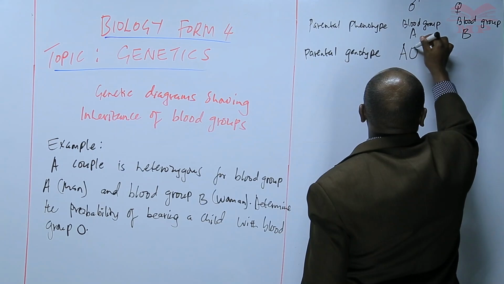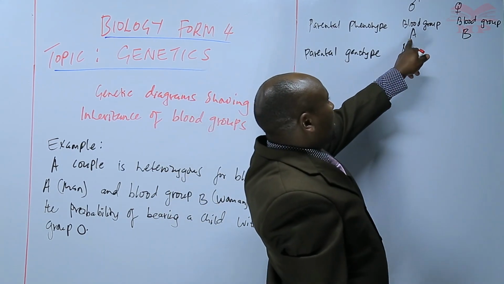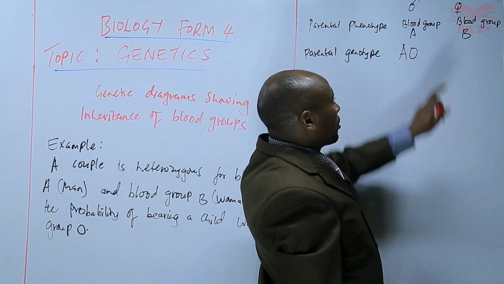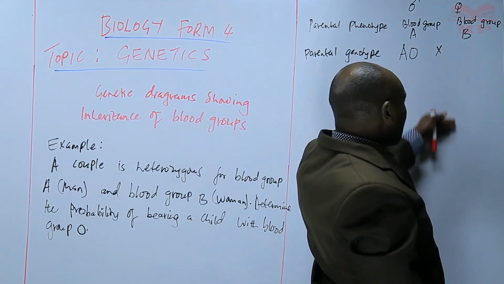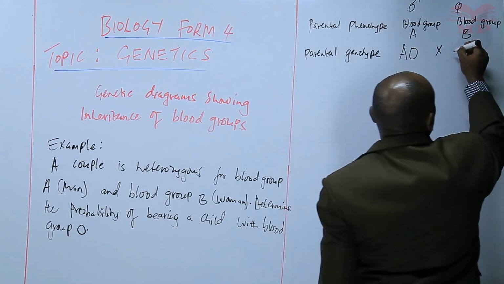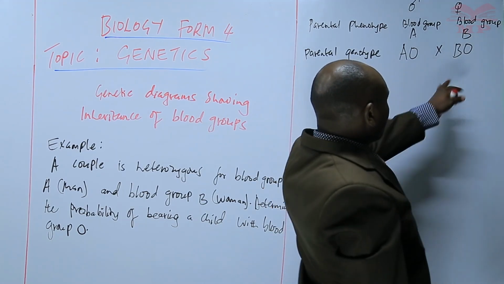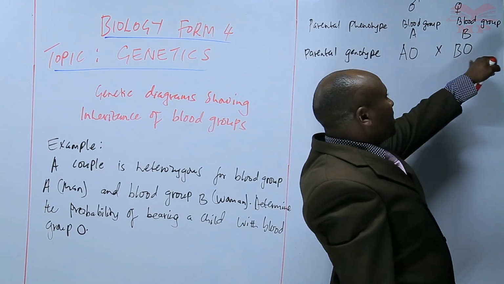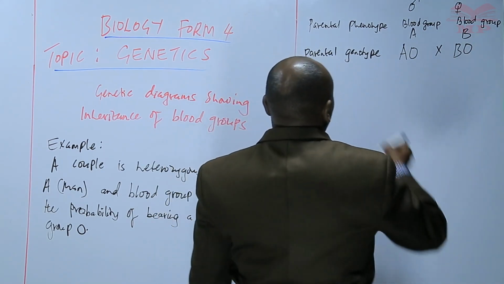That's what it means by being heterozygous, meaning that he has the allele for A and O. And then the woman, we must show the cross, very important, is also heterozygous, that is BO as well. She has two different alleles. The man also has two different alleles.